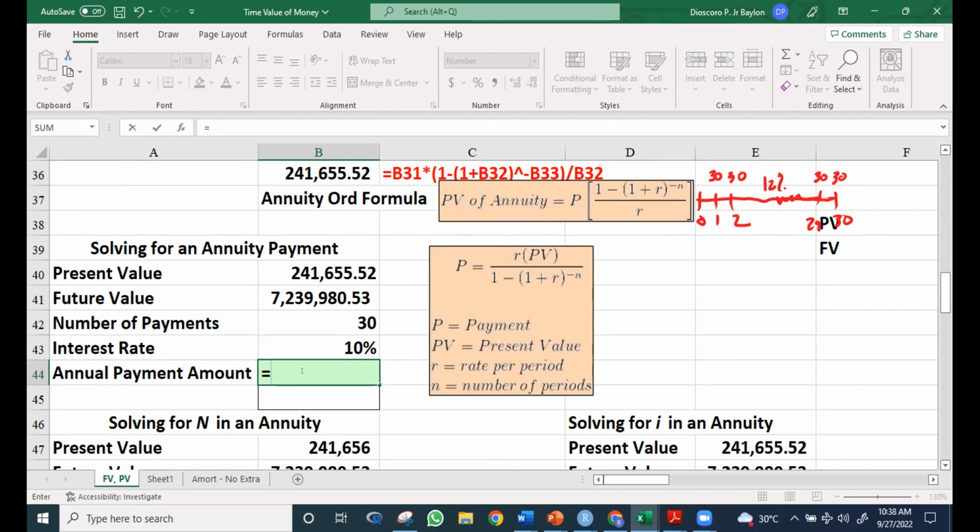Anyone, please? Class, ano function natin? How do we compute for the annuity?